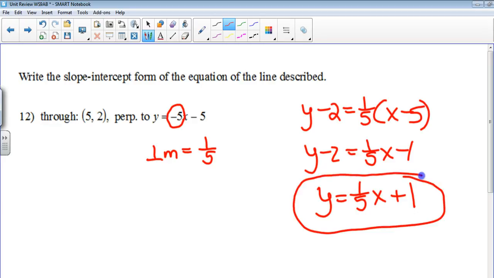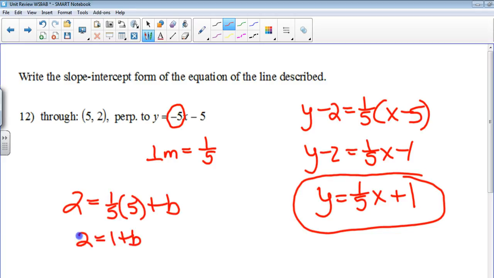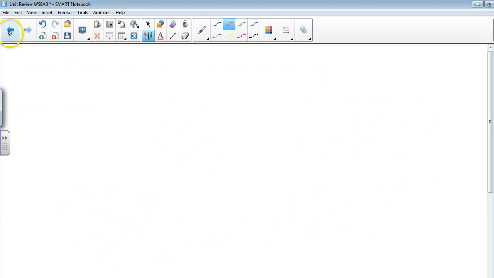Anybody else get an intercept of +1? If you did it that way, I think you still get b is 1, so then you'd plug it all in there. Either way. All right, is that it? That's it, right?